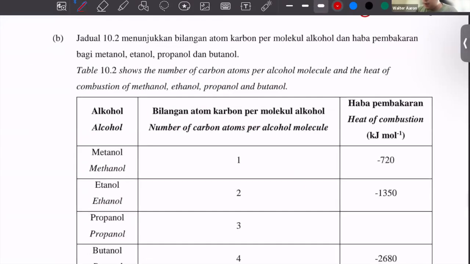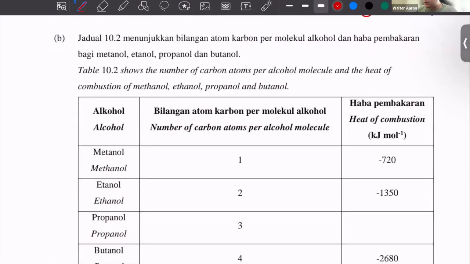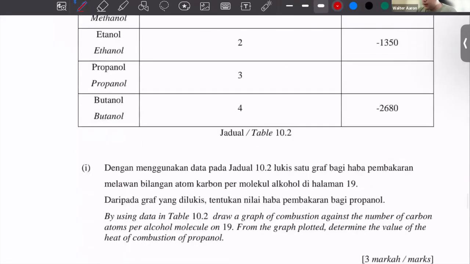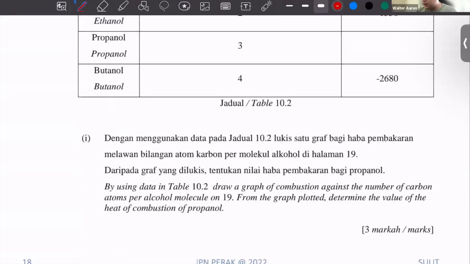And this is table 10.1, which shows the number of carbon atoms per alcohol molecule and the heat of combustion of methanol, ethanol, propanol, and butanol. So you're supposed to see the information on the table. And after that, by using data in table 10.2, draw a graph of heat of combustion against the number of carbon atoms per molecule.